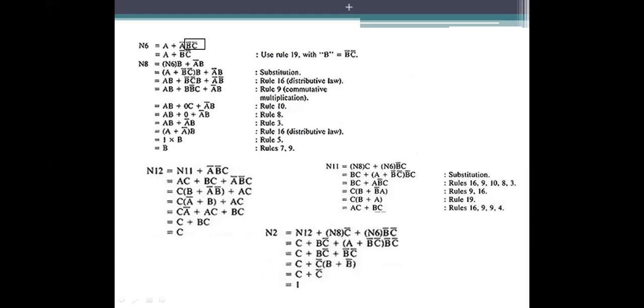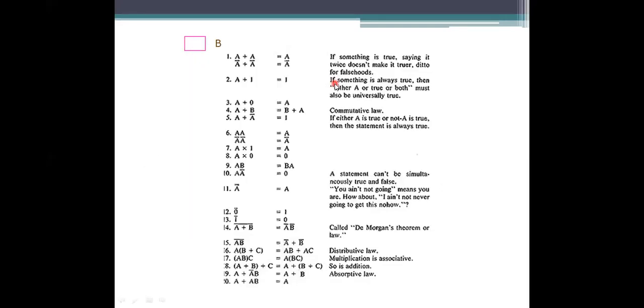This one is specified as a complete term here. This is considered as a B here. So A plus A bar B, then what is the value? It specifies the value as A plus B.